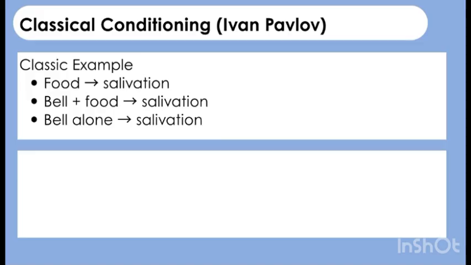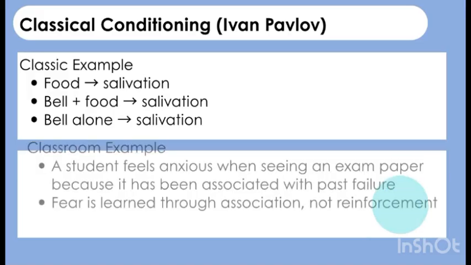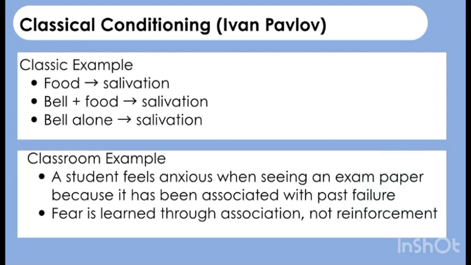So a neutral stimulus becomes associated with a meaningful stimulus, producing a learned response. So that is classical conditioning by Ivan Pavlov. Example, a student feels anxious when seeing an exam paper because it has been associated with past failure. And fear is learned through association, not reinforcement. So here, the fear is learned through association, not reinforcement. So it became associated with something.